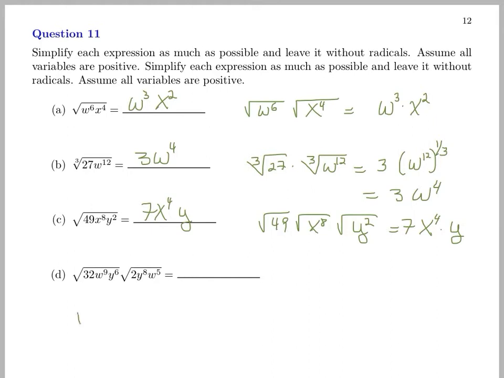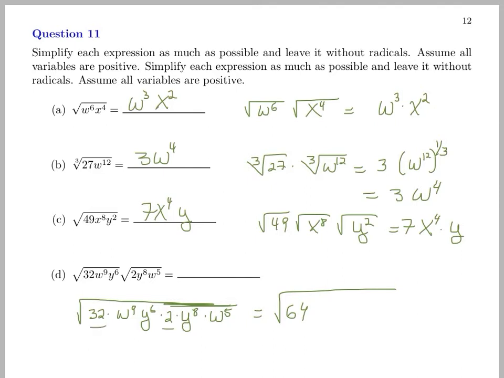And for this one, we want to put them together. So we're going to have 32 times w to the ninth times y to the sixth times 2 times y to the eighth times w to the fifth, square root of all that. Well, 32 times 2 is 64, so we can combine these two. And then for the w terms, we can add the exponents. So w to the ninth times w to the fifth is w to the 9 plus 5, which is 14.